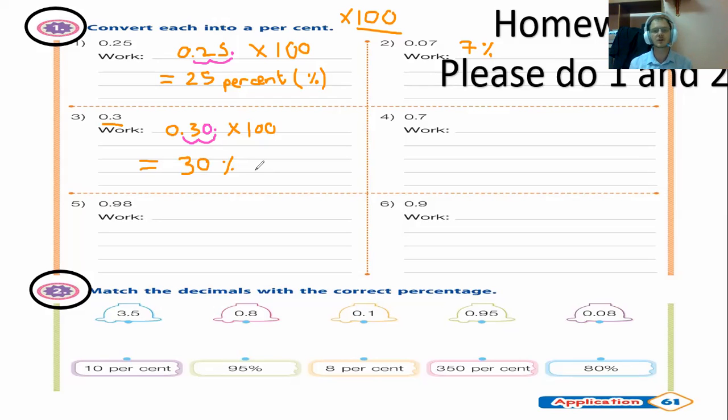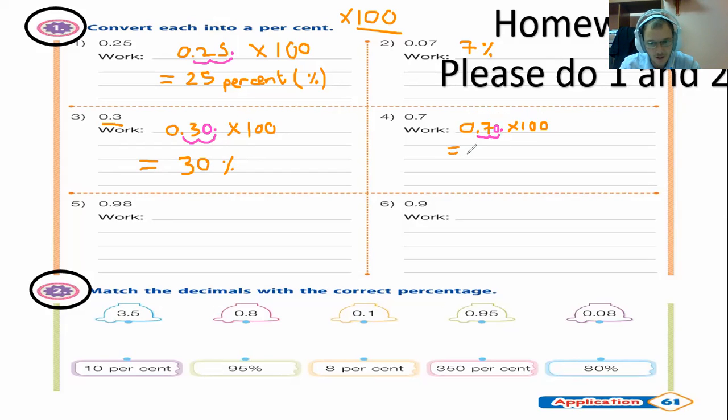0.3 equals 30%. So we'll do exactly the same for 0.7. Multiply by 100 equals. So we take our marker and we move 2 decimal places, 1, 2. Our new decimal point will be here.